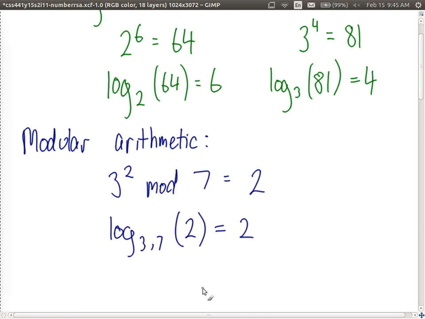It's often referred to as the discrete logarithm. To avoid confusion, we'll often write d-log or discrete log. The discrete log of 2 in base 3 with mod 7 equals 2. So that's how we write the logarithm.